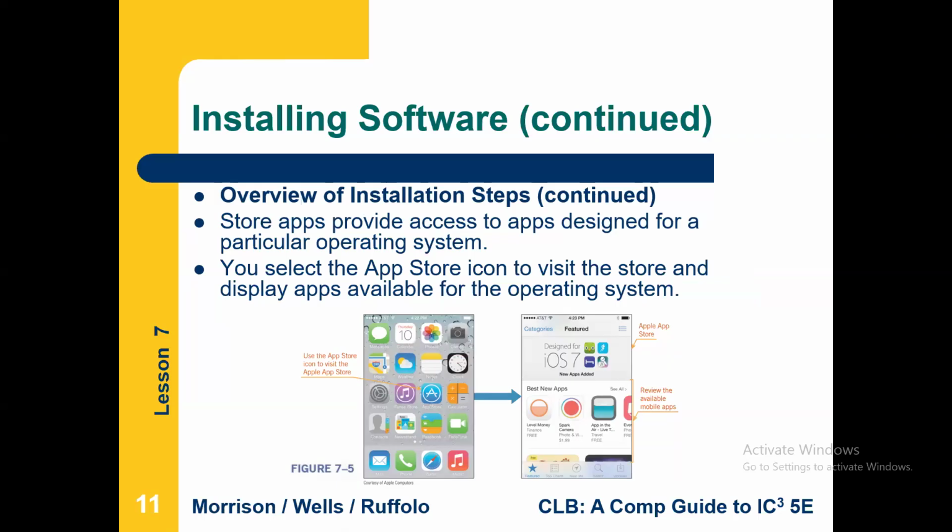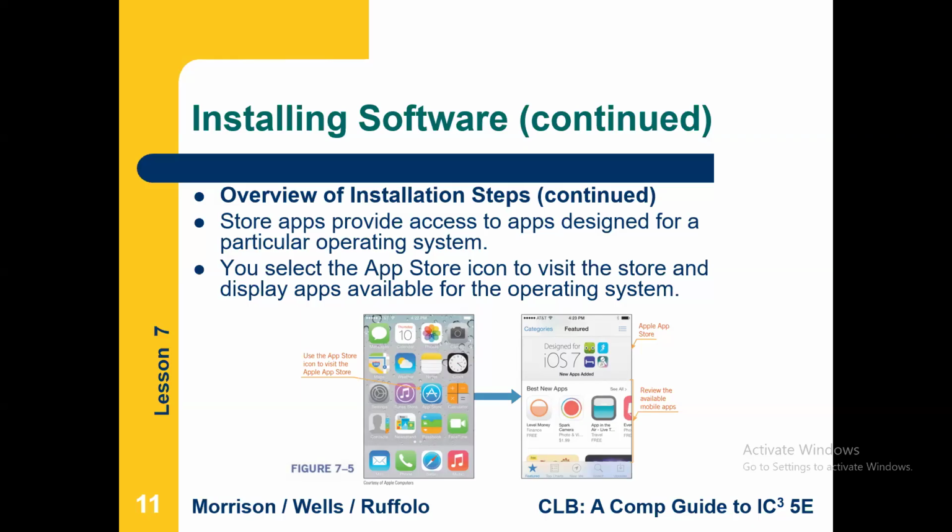Then there's another way that software developers are now distributing their software, which is using the Store app. This Store app provides access to apps that are designed for a particular operating system. Depending on which operating system you are using, you go into that particular store and download your app.